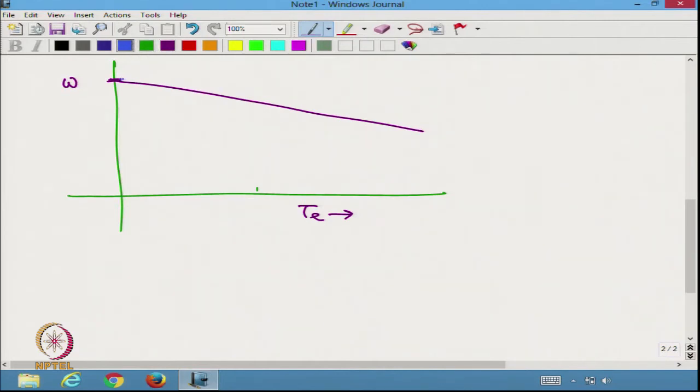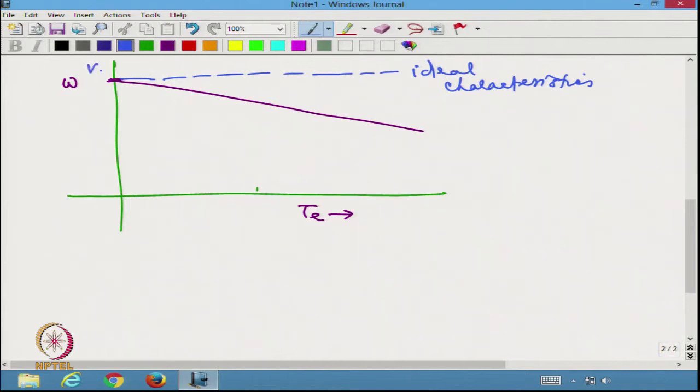If the armature resistance were 0, this would have been the ideal characteristic for the motor. But because I have an armature resistance, there is going to be some drop in the voltage, which will also cause a drop in the speed.